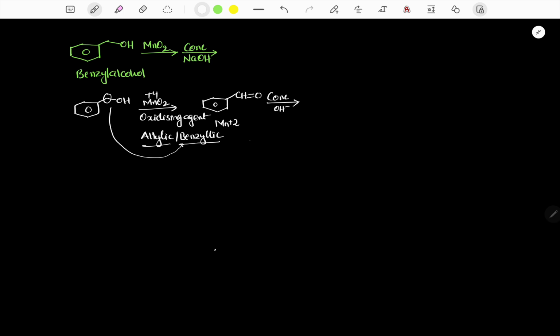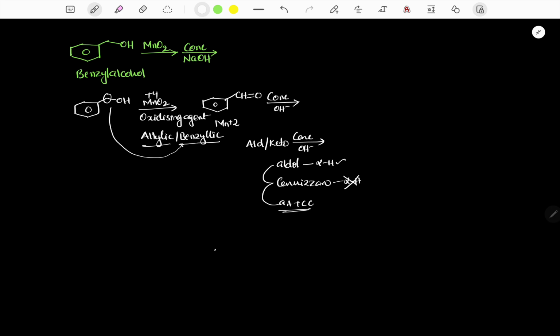So when an aldehyde or ketone is treated with concentrated OH-, aldol condensation is possible if alpha hydrogen is present. Cannizzaro is possible if alpha hydrogen is not present. Aldol addition plus crossed Cannizzaro is also possible. So these are the three possible reactions.